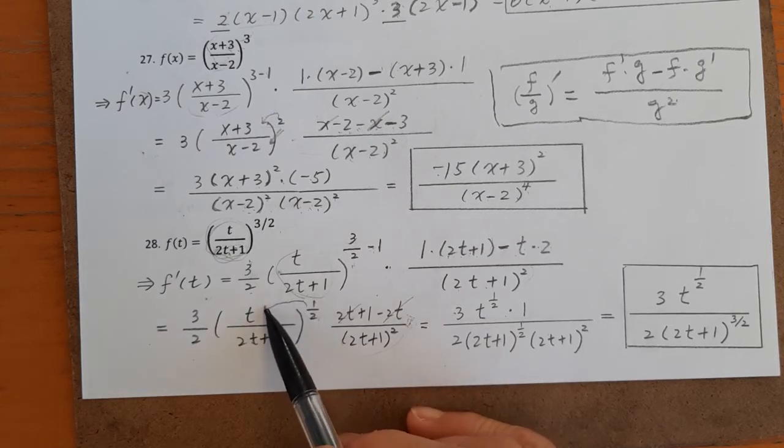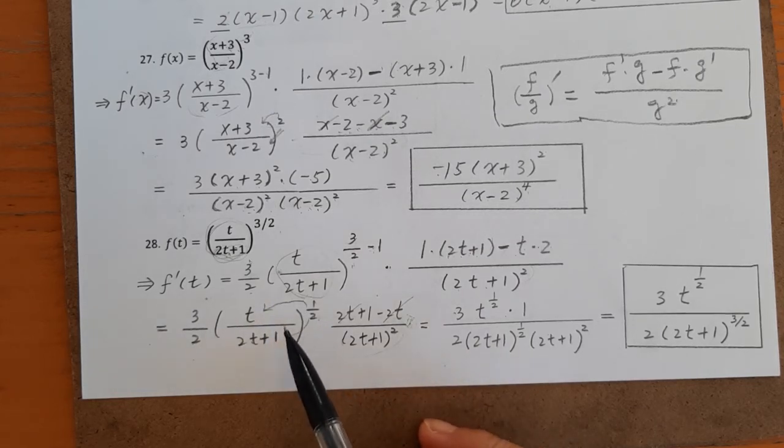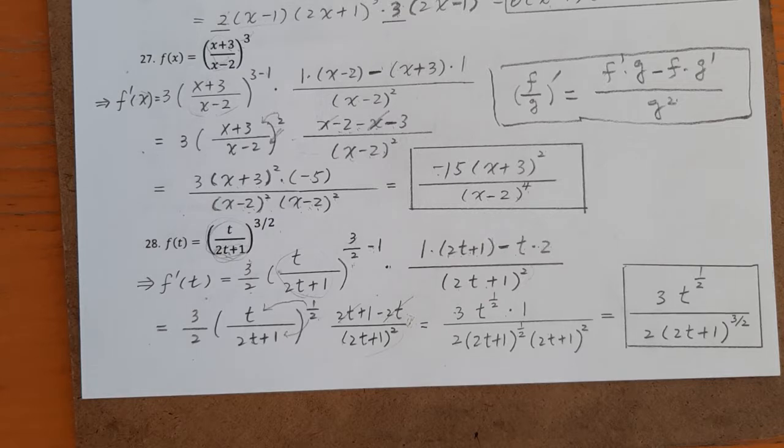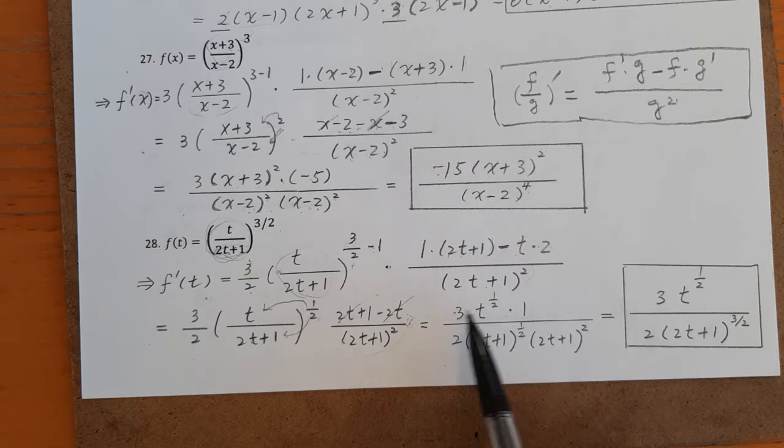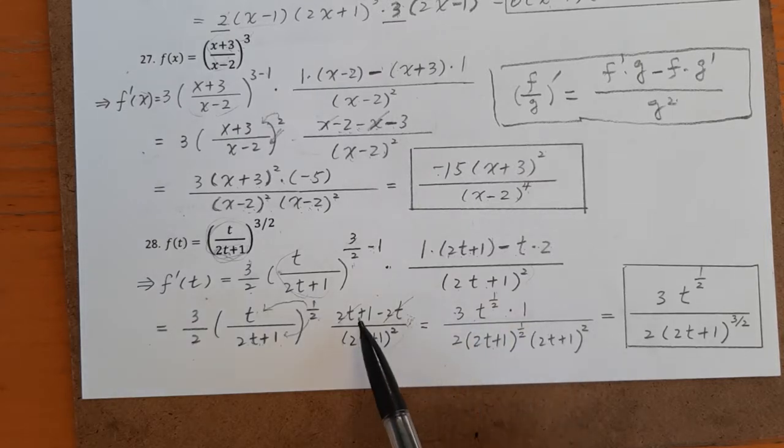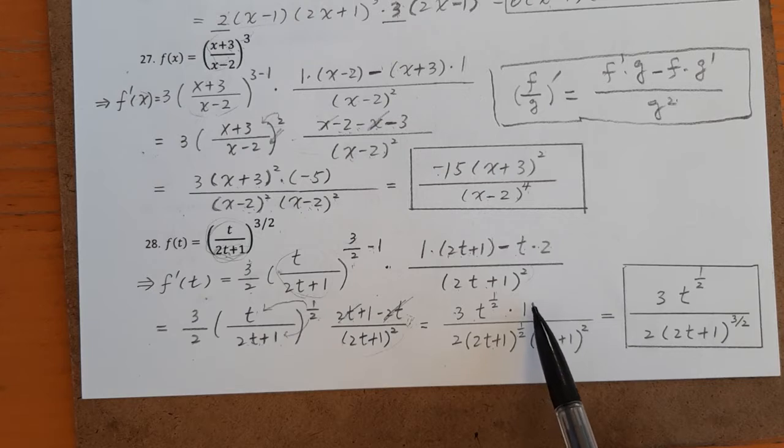Then this 1 over 2, use power rule of quotient. This 1 over 2 goes into each base. Get t to the power 1 over 2. 1 over 2 goes on 2t plus 1, get 2t plus 1 to the power 1 over 2. Then this 2t minus 2t is 0. Get 1. Denominator is 2t plus 1 squared.